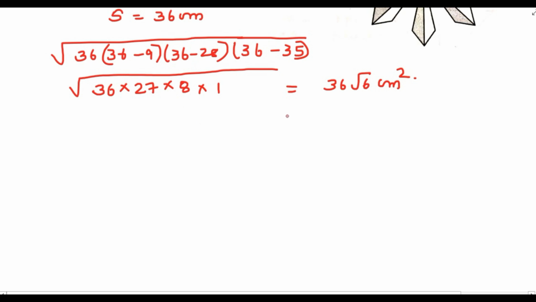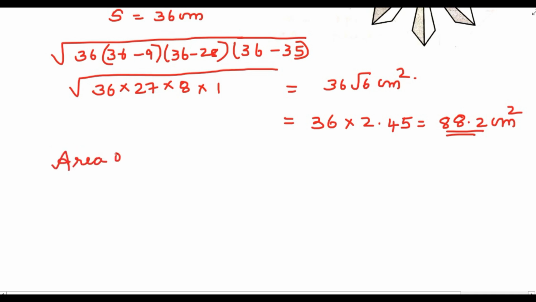We need to find out the value of root 6. The value of root 6 is 2.45 approximately. So when you multiply, you get 88.2 centimeter square. You can find out the value of root 6 by long division method. Now the area of one tile we got as 88.2.